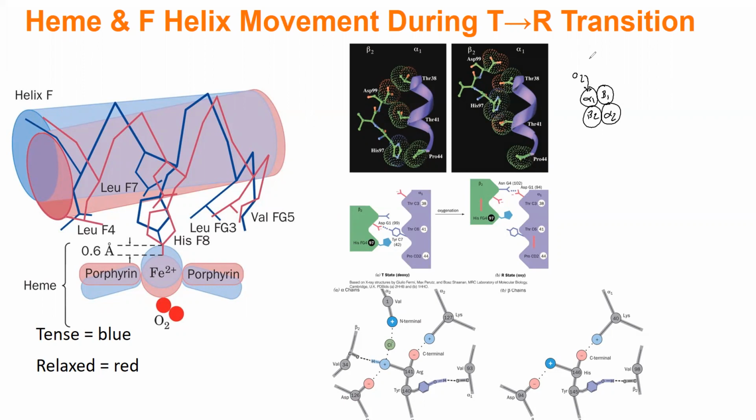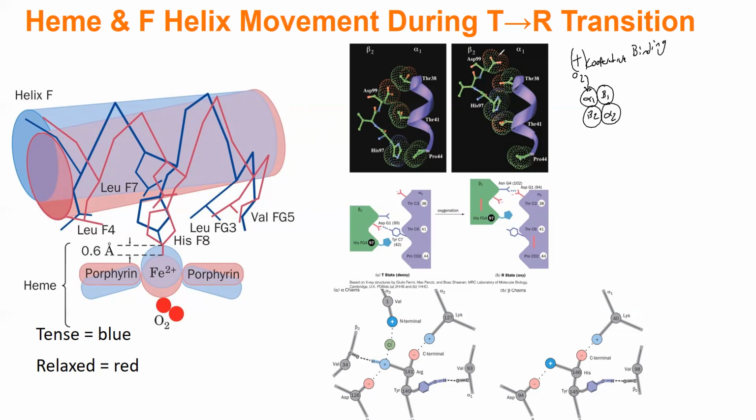And they have something called cooperative binding, positive cooperative binding, where if one subunit binds oxygen, that makes the other subunits want to bind oxygen even more. And so we're going to look at how that cooperative binding actually occurs in hemoglobin today.